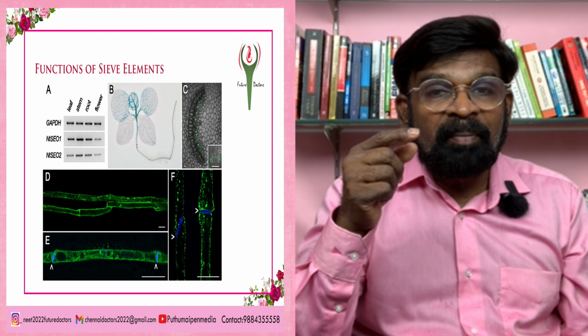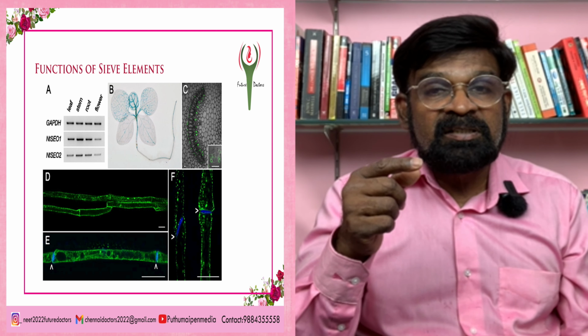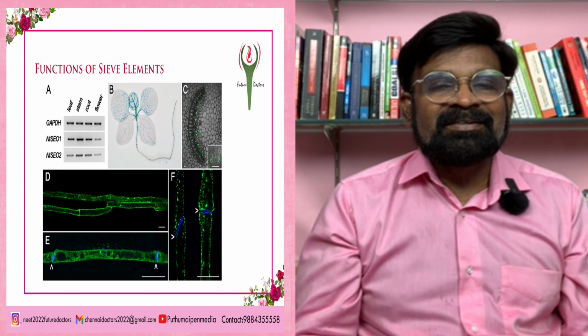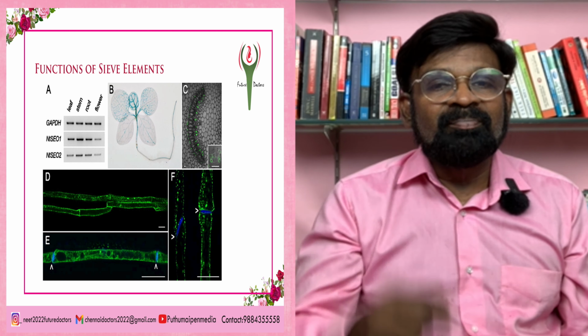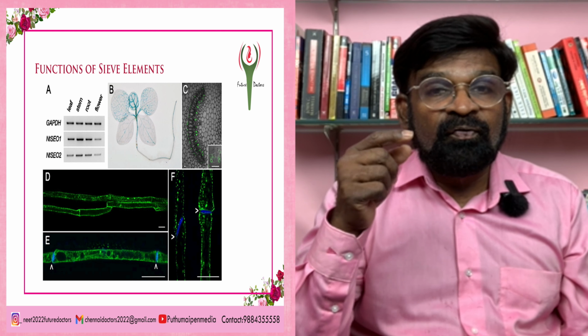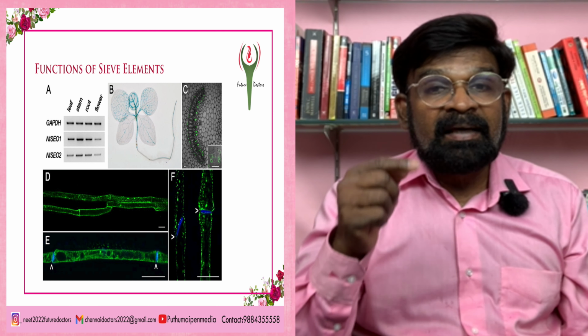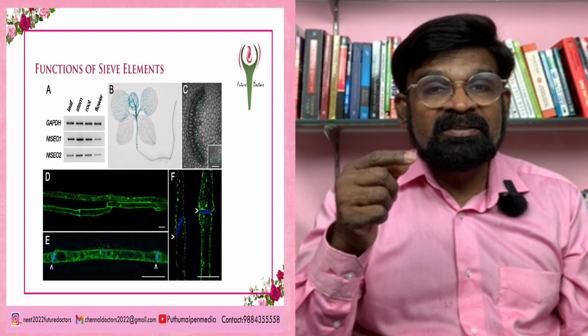The phloem parenchyma is absent in most of the monocotyledons. Functions of phloem parenchyma: they store food materials and other substances like resins, latex, mucilage.